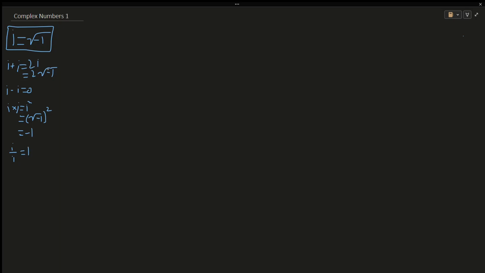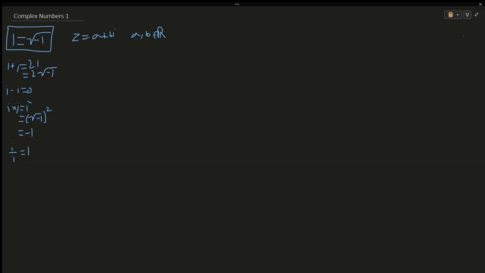Now, the general form of a complex number usually follows this. If it has a real and an imaginary part, it would be written in this format: a plus bi, where a and b are elements of the real numbers.